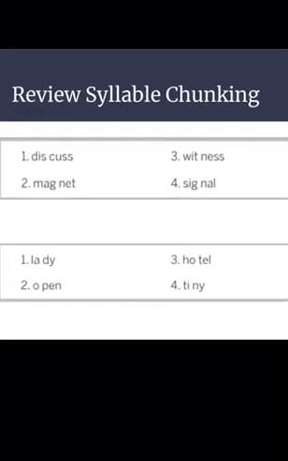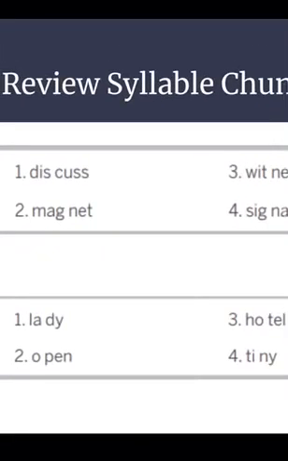We're going to review syllable chunking. Okay, in our first box, I want to point out that the vowel sound in these syllables is a short vowel sound because the syllable ends in a consonant. Remember, a consonant is any other letter in the alphabet that is not a vowel. Okay, let's look at number 1. We have discuss.